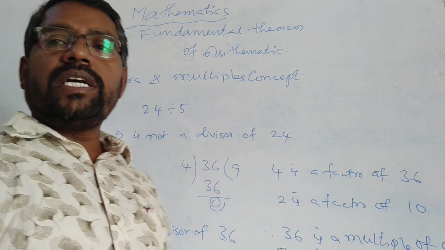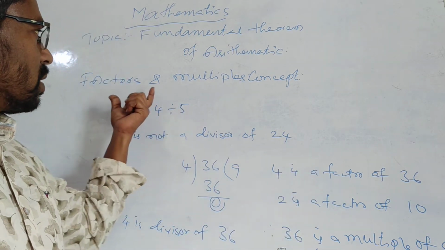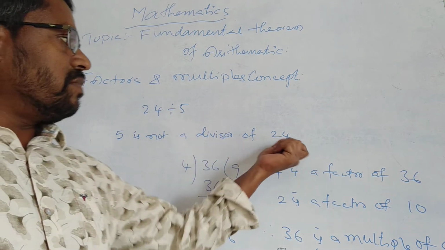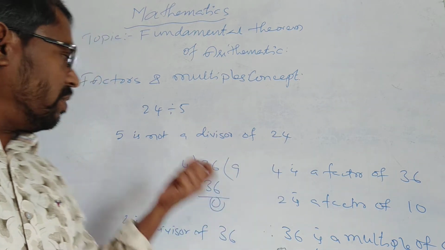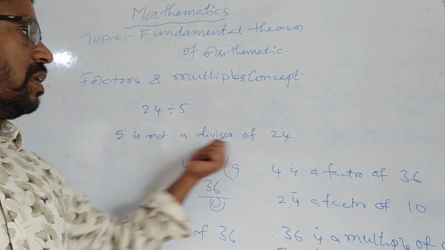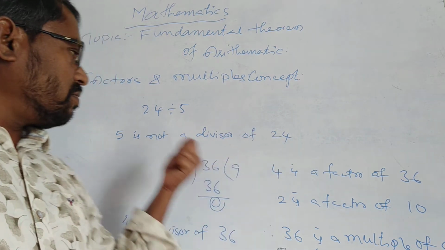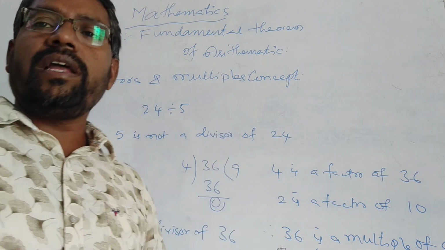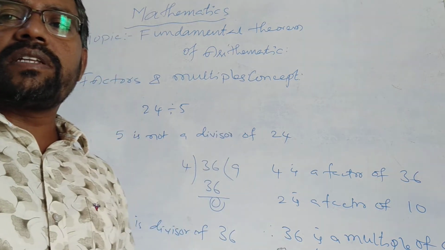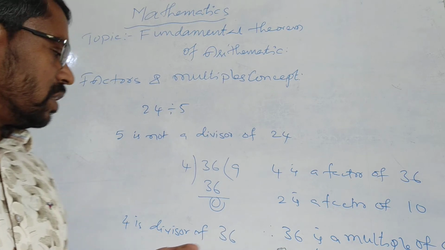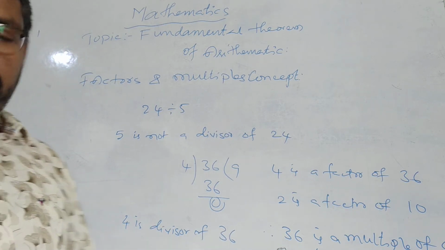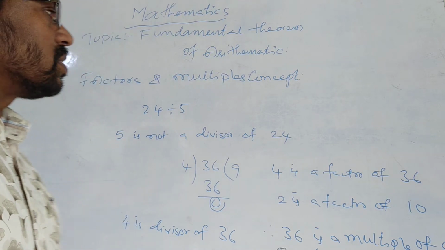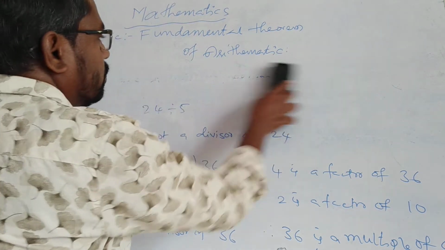So children, first conclude that 5 is not a divisor of 24, because 5 does not divide 24 exactly; we get a remainder of 4. We discussed that in the previous class. Once again, let us take some multiples of some numbers. Just observe that.